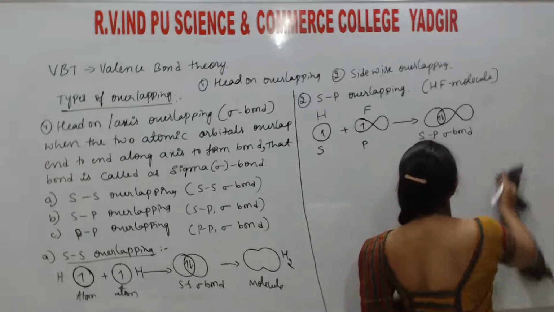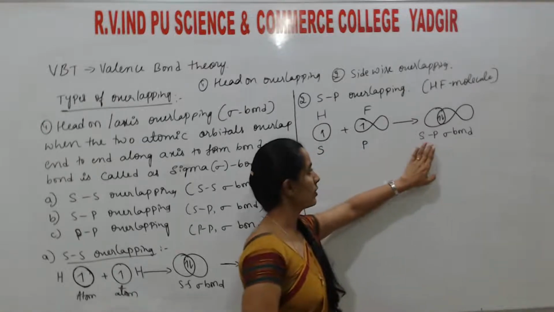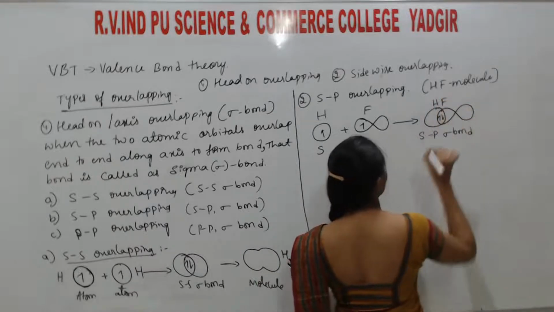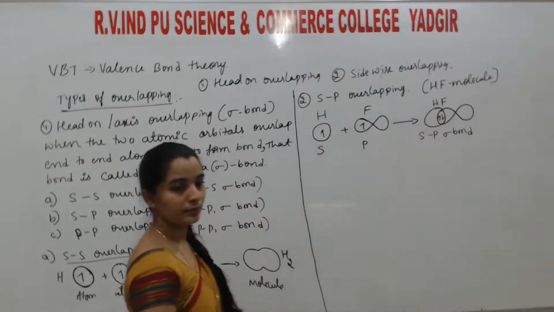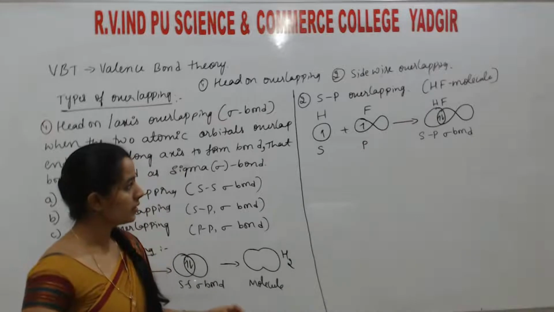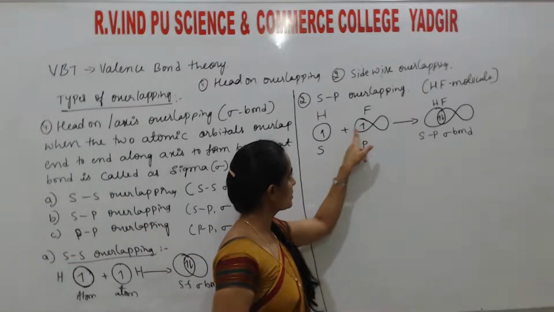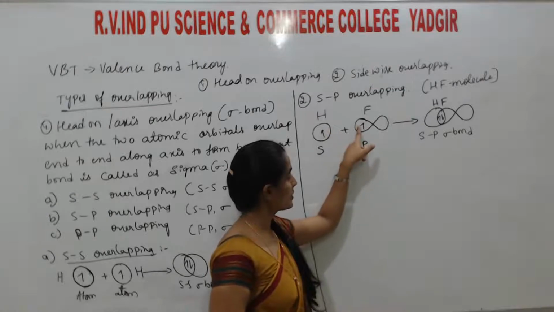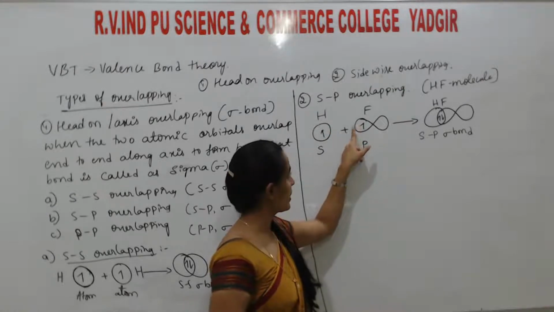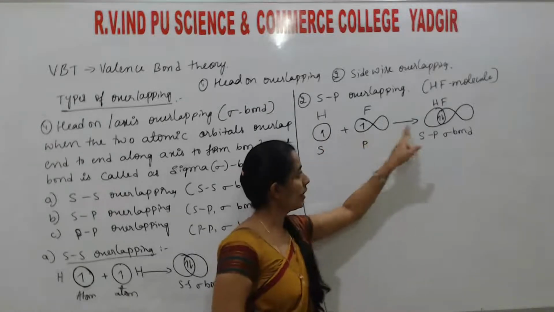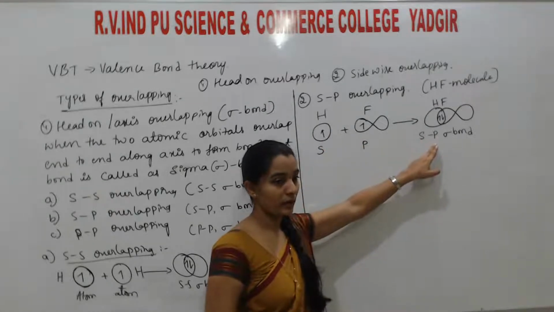Just remember the formation of a sigma bond, that is SP sigma bond, because this is the HF molecule. So in all these three cases, this is the axis. This is one end of the p orbital. The s orbital is spherical, so there is no end. So it is end to end axis overlap.